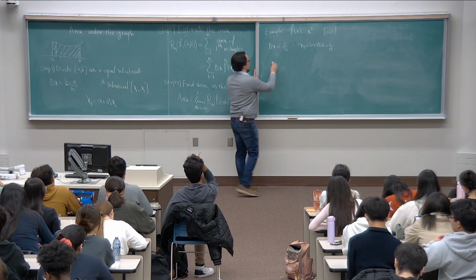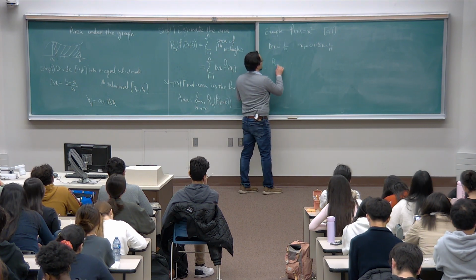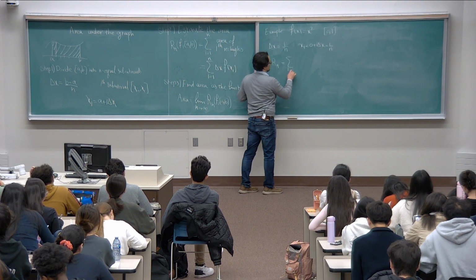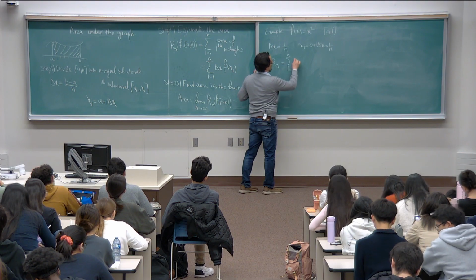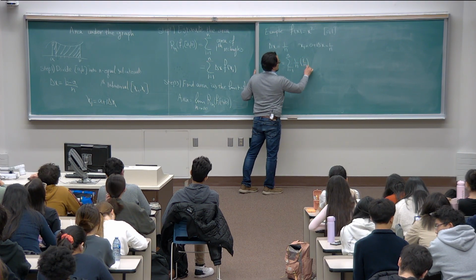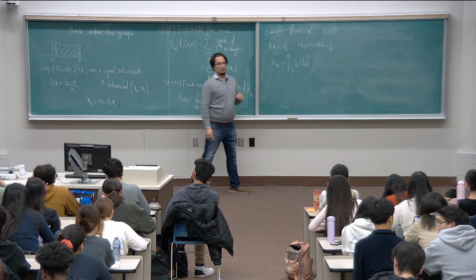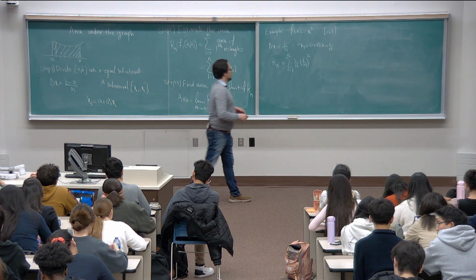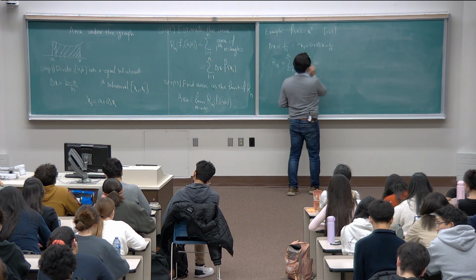And then we wrote our R_n, which was the sum from i equals 1 to n of 1 over n times i over n squared. And then we did all that work, and we calculated this.